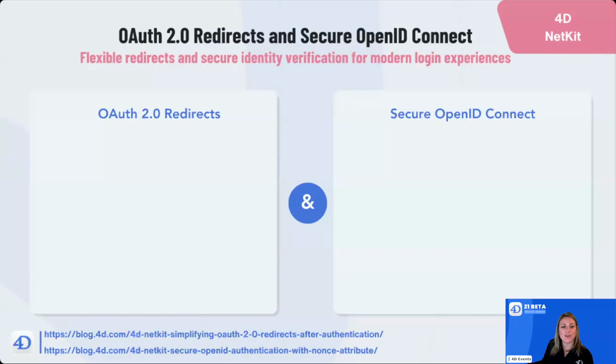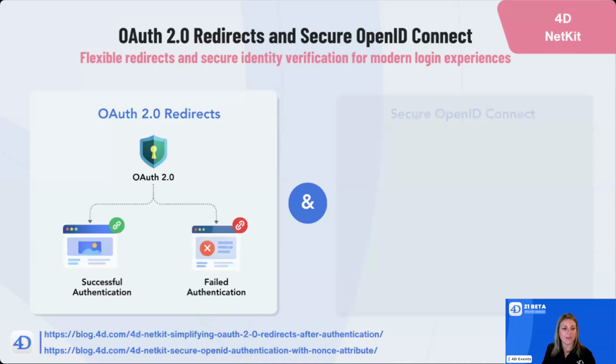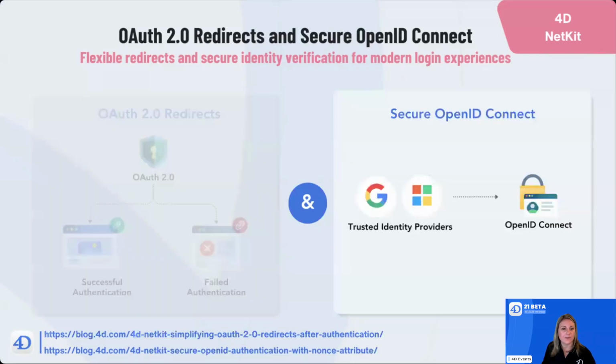Now let's move to what 4D21 brings to authentication, to upgrades that remove friction from flows you build every day. First, 4D NetKit now accepts full URL redirection, so your authentication flows land users exactly where you want them, whether success or failure.